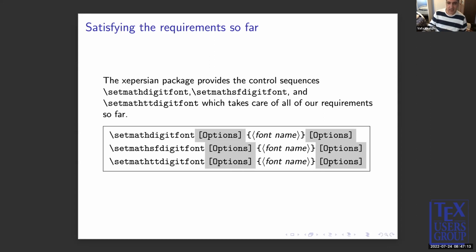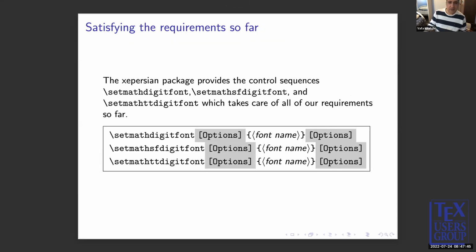The syntax is quite similar to other fontspec-style control sequences. You have options, then the font's name, and then options. You can put your options in the first one or in the last one, or put half of your options in the first one and the other half in the second one. It doesn't matter, you can do any of those.